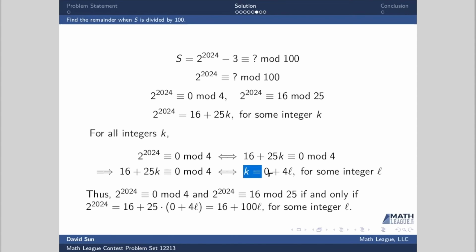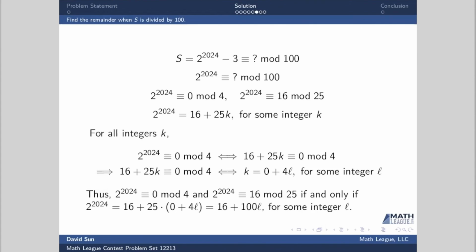What we did was we took this k is equal to 0 plus 4L and substituted it into this expression on the right here, which gives us 16 plus 100L for some integer L. Now, just to be clear, it's important to note that this 0 plus 4L comes from the k congruent to 0 mod 4 that we had a couple of slides ago. It corresponds to this, while this 0 mod 4 corresponds to this equivalence that we solved for earlier.